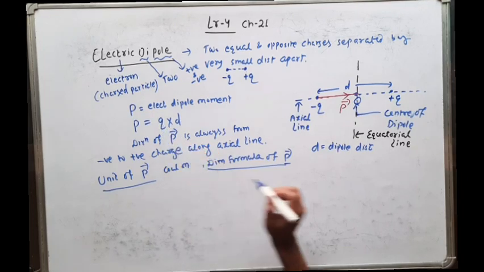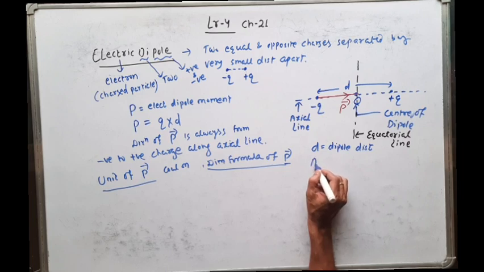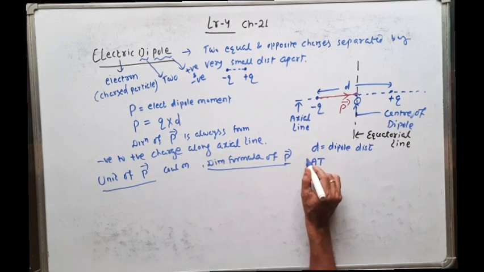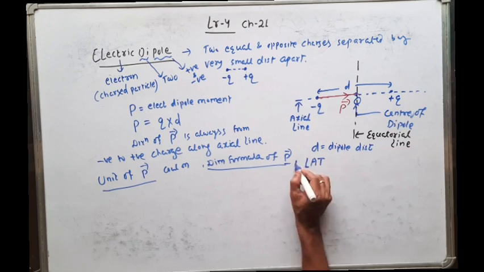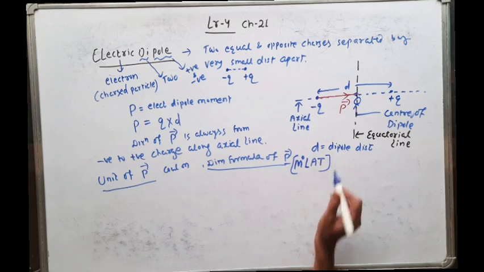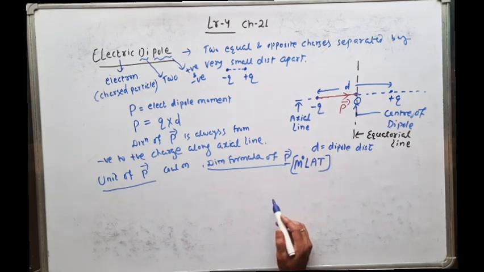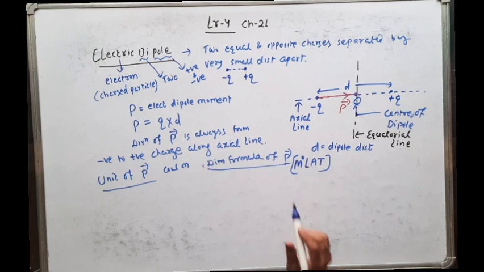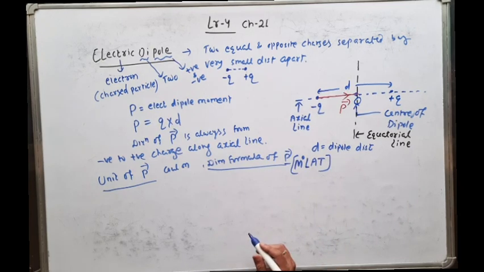Charge q is equal to current times time, that is A T, into distance, which is L. There is no mass. So M^0 L^1 A T. This is the dimensional formula of dipole moment.